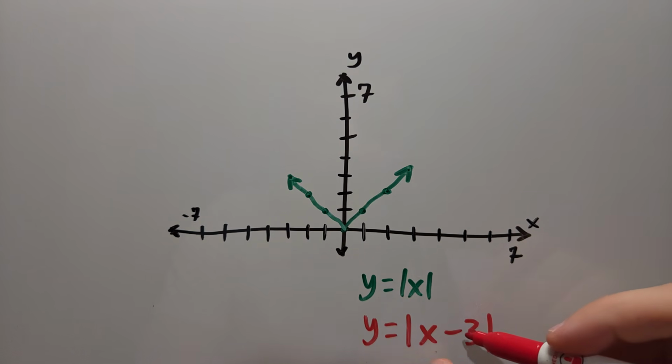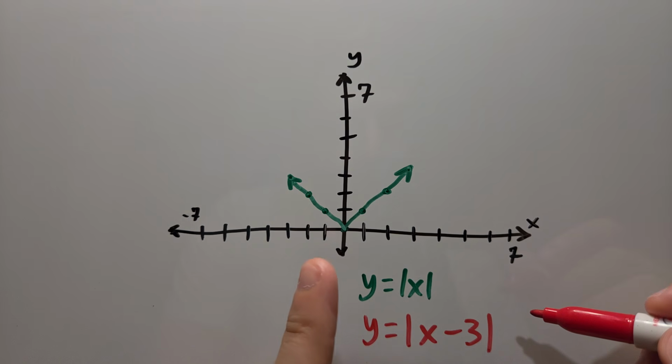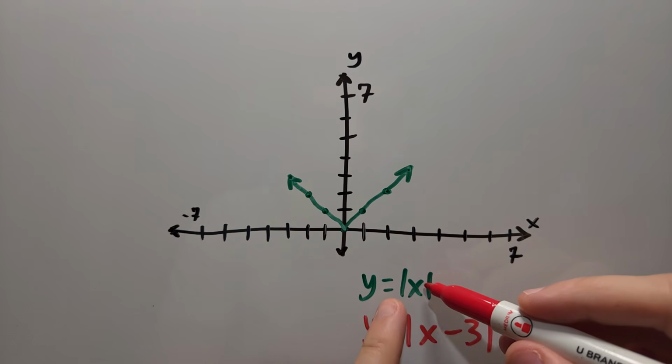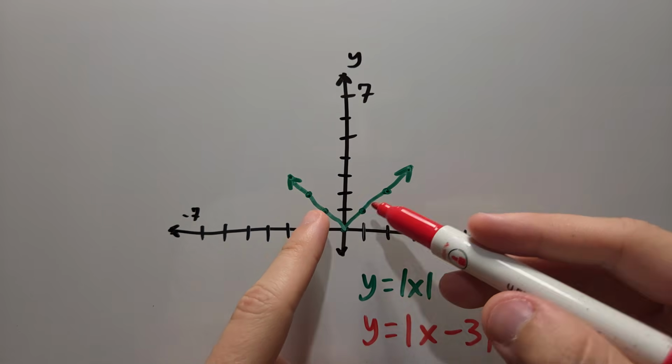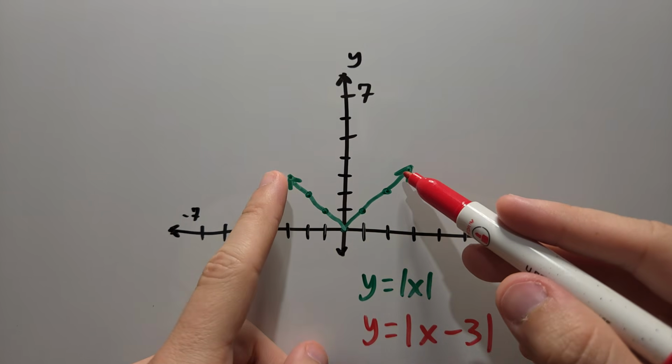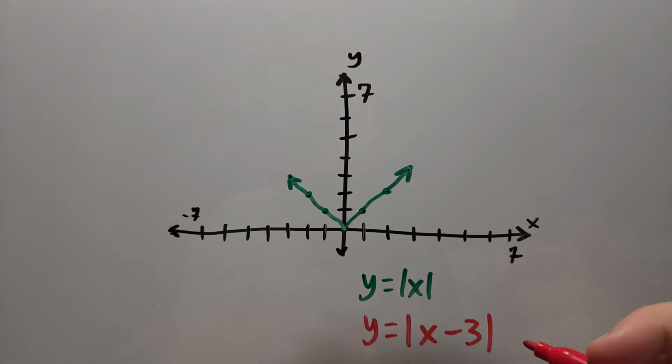So here we're going to have a shift of 3 units to either the left or the right, but how will we know which one? Here's how we know. We plug in any value for x, whether it be positive or negative, and we will get some value above 0. Unless we plug in 0, then we'll still have 0.